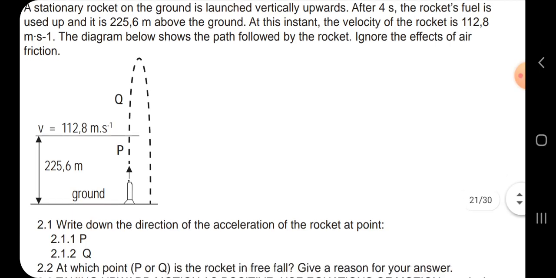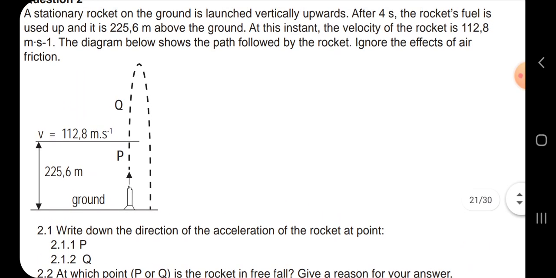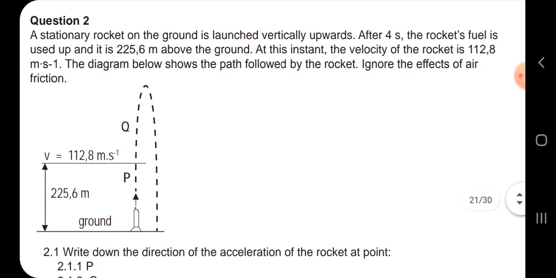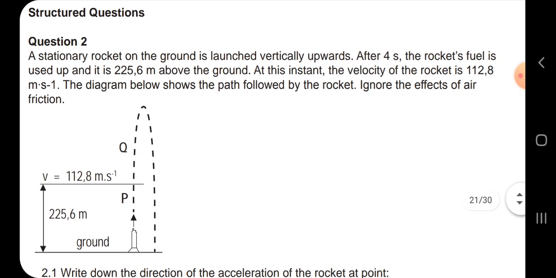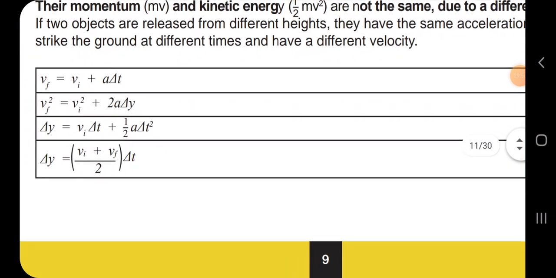So what we are trying to calculate here is the time taken from the moment the rocket is launched until it strikes the ground. You need to look for a formula there. We can see if we can first find the final velocity.